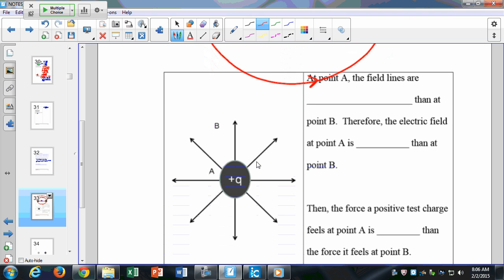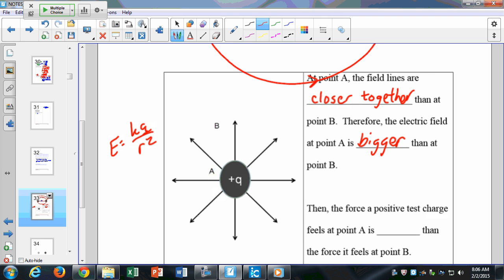Okay, so at point A, the field lines are more dense, closer together rather, than at point B. So the electric field at point A is what? Bigger or smaller than at point B? It's going to be bigger. It's bigger in magnitude. And if you remember, our electric field is kq over r squared. So if r is smaller for this point charge, then E is bigger. But that's represented by the field lines.